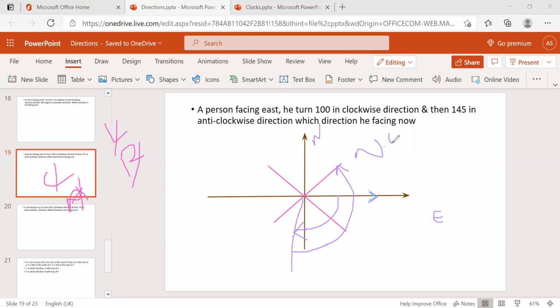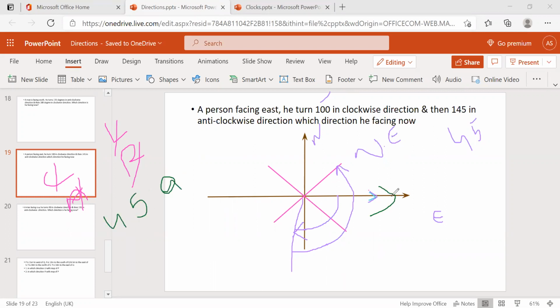Northeast. But think, there is no need to draw this, no need to do 100 degrees and 145 degrees separately. Just directly take 100 degrees clockwise and 145 degrees anti-clockwise, and subtract them. Then we get 45 degrees anti-clockwise.